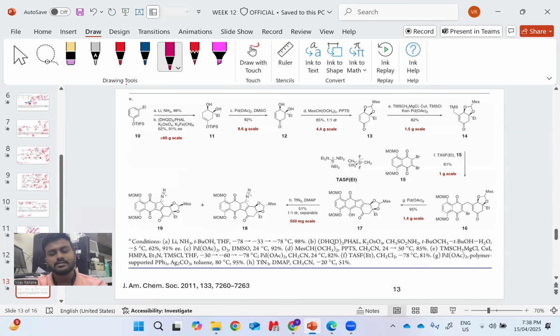The next example involves really similar steps that we have already seen earlier. This is just a scale up that they have mentioned, a 60-gram scale Birch reduction they have performed.